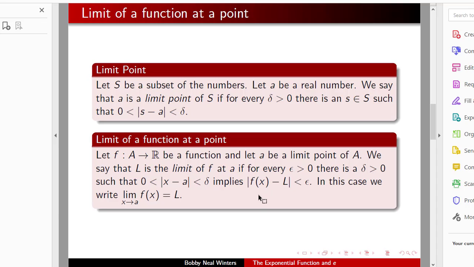In this case, we write the limit as x approaches a of f of x is equal to L.